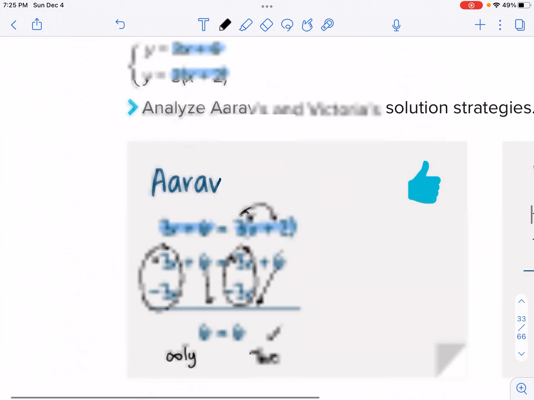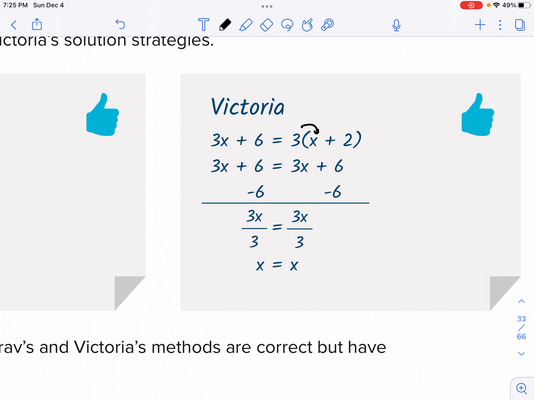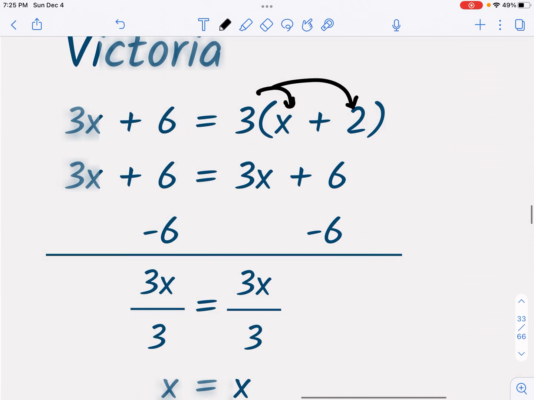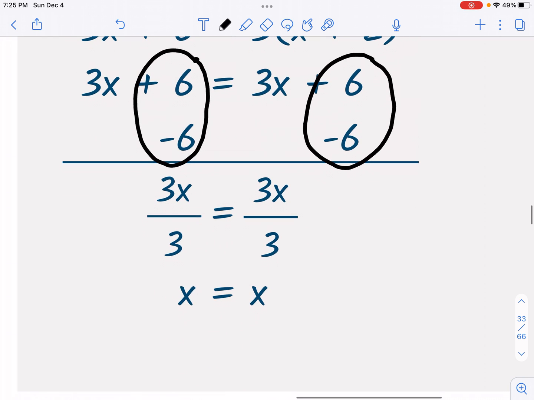And then Victoria solved it a different way, right? She still did the same thing as Arav, using the distributive property, but she decided to work with the constants first. Maybe she tried to get this positive 6 off the right side by subtracting 6. That's going to cancel out as well. What we have here, we probably want to move variables to either side, but they decided to just divide by the coefficient.